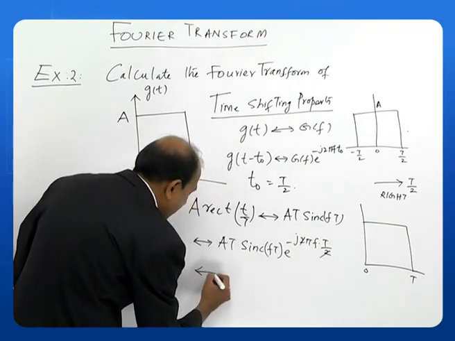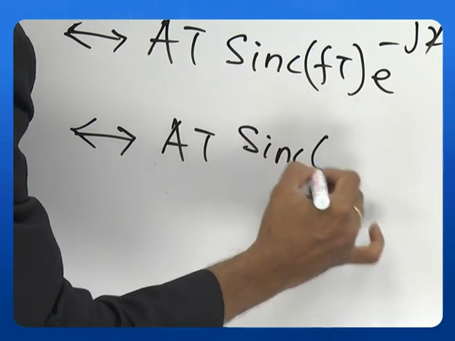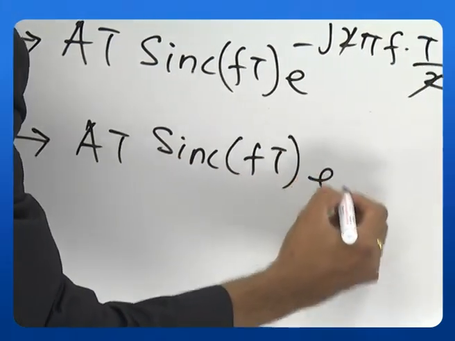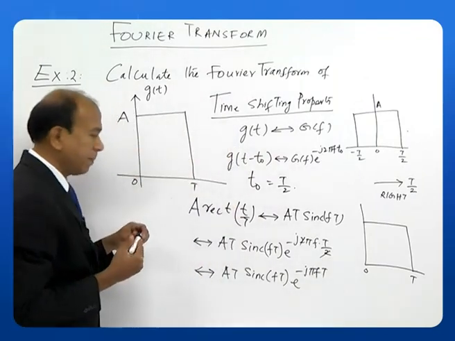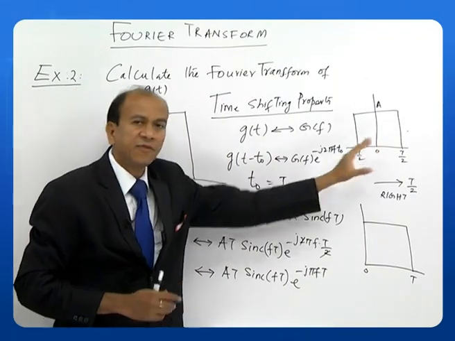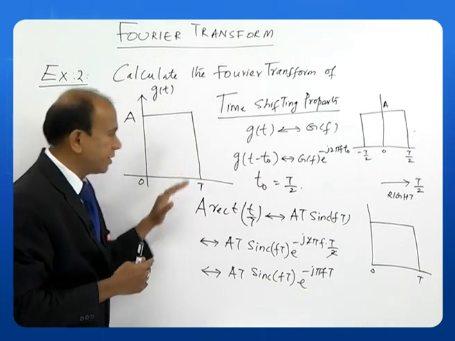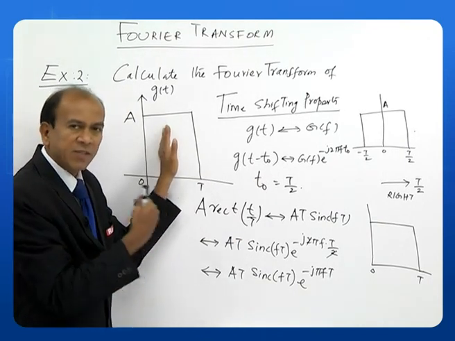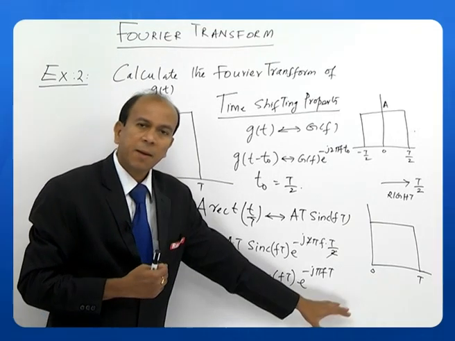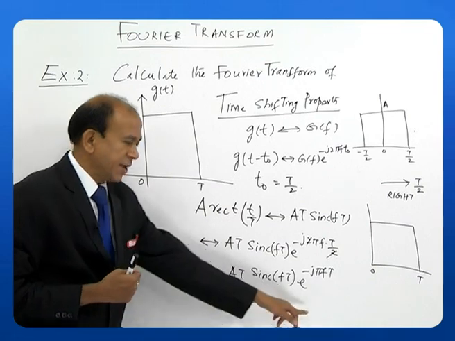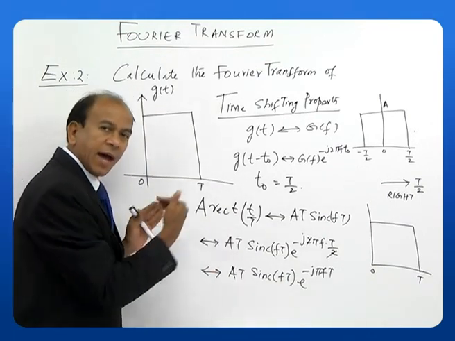So, you will get A T sinc(f T) e to the power of minus j pi f T. That means, if a rectangular function is shifted to the right hand side by a factor T by 2, then the Fourier transform of this will be A T sinc(f T) e to the power of minus j pi f T. So, this is the answer for a function which is shifted to the right hand side.